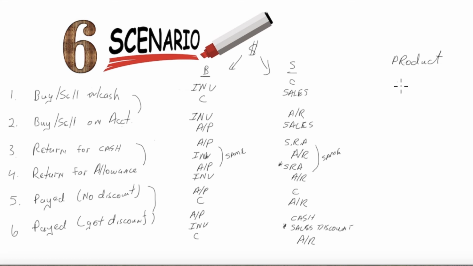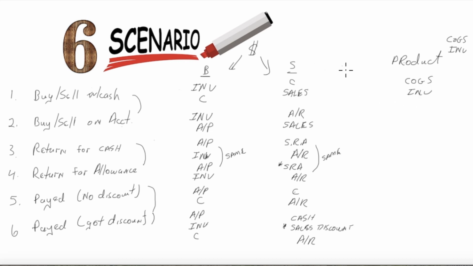With product, there's just the two accounts, cost of goods sold and inventory. The other video talks specifically about cost of goods sold and inventory, but let's look at that. So when we're looking at the product, in scenario one, it's cost of goods sold and inventory.